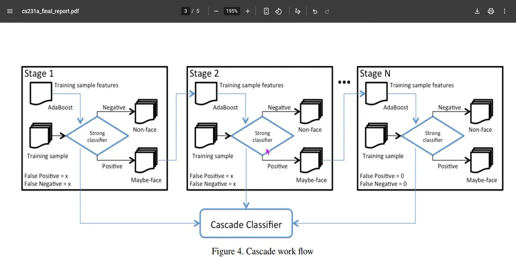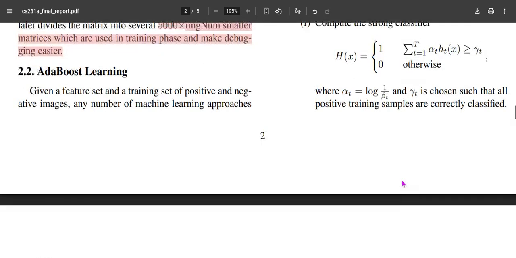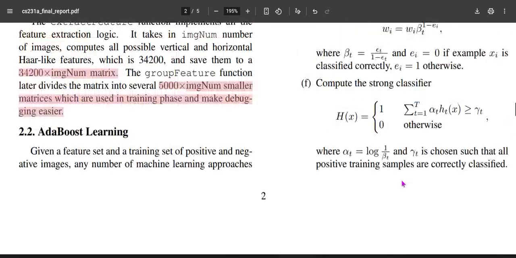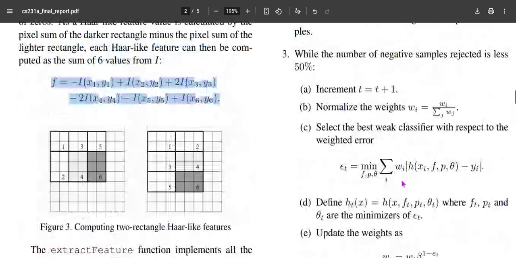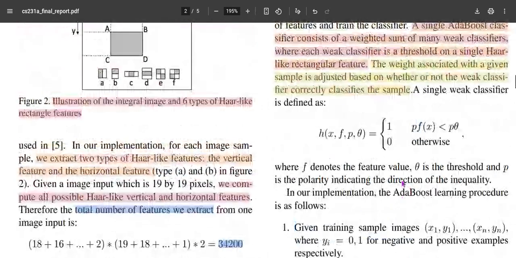The cascading process is designed so that we avoid false positives and false negatives. It also tries to avoid overfitting, so it can generalize to any dataset for a given number of training sets.